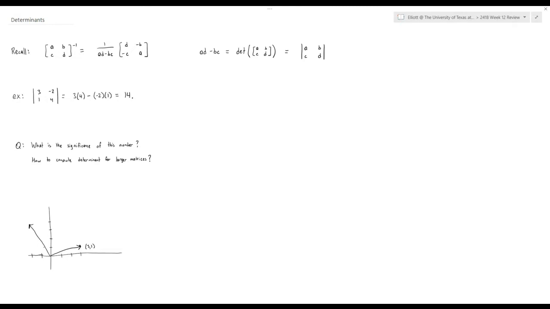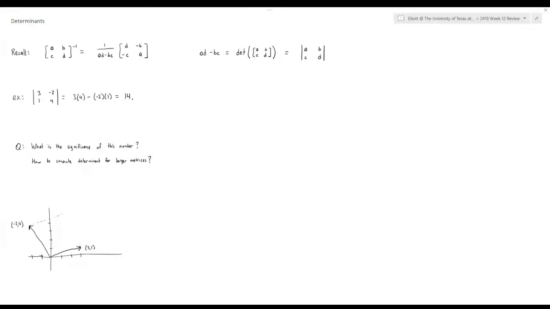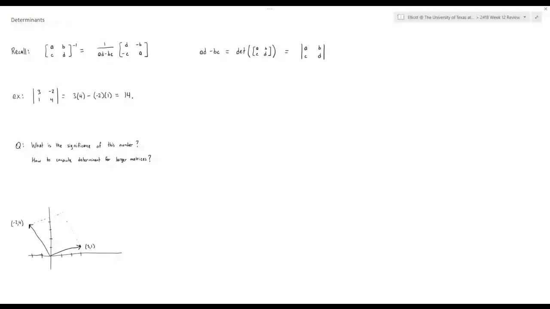So we have these two vectors, which were the columns of our matrix up here. Now these two vectors create a parallelogram, which I'm drawing in the picture.